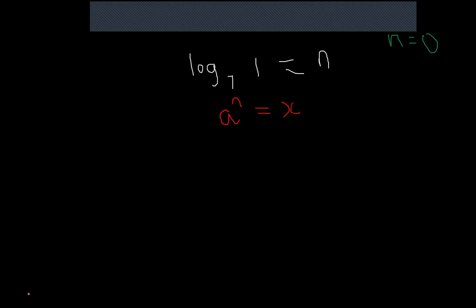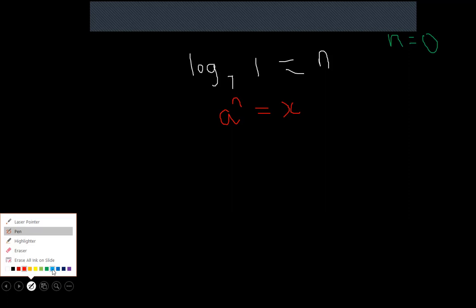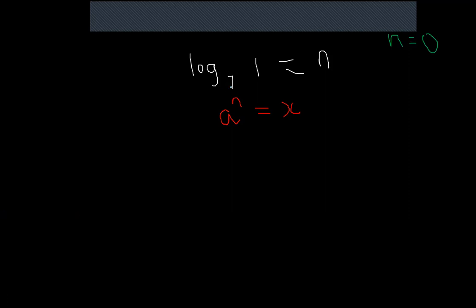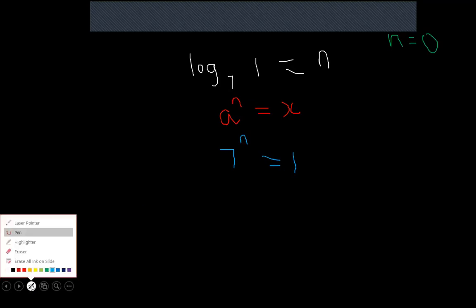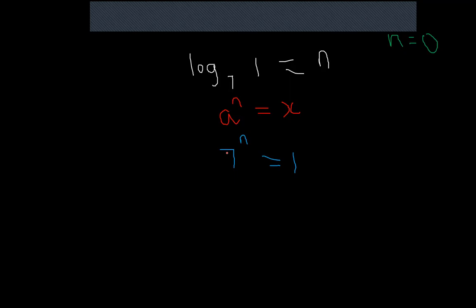Log form and the exponential form are related, right? So I would say that a is 7, x would be 1, and then n, well, that's a question mark. That's unknown. That's what we're trying to find right now. So a is 7. We're trying to find n, so I'll just go back: 7 to the power of n is equal to 1. So my question is, 7 raised to what power is going to give me 1? And we know that when we were doing indices or exponentials, we know this law.